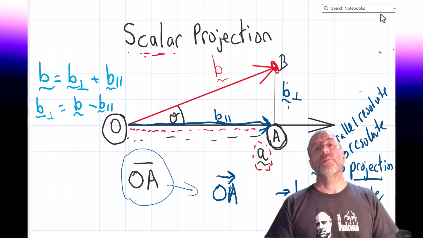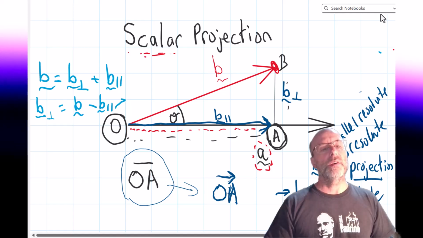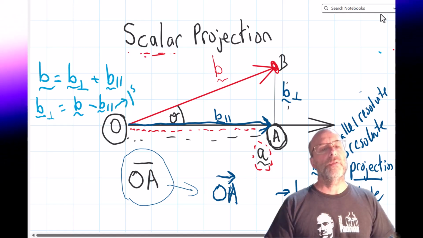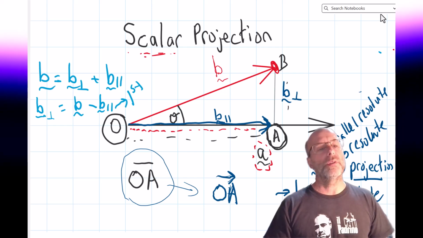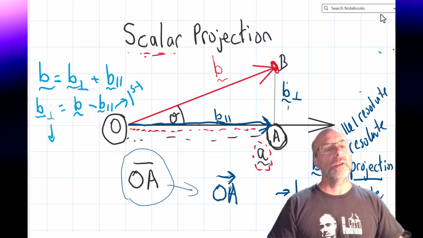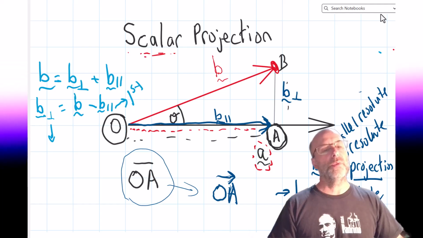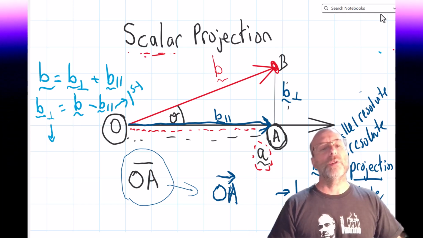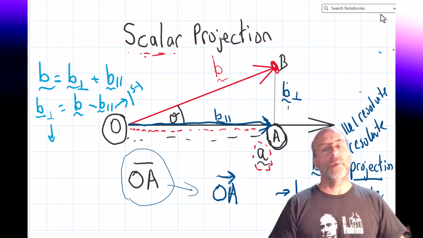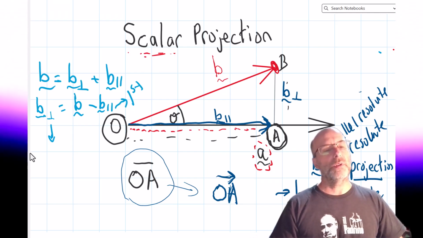The point of this is that we need to calculate this one first, the parallel resolute, and then from that we can calculate the perpendicular one, because we know B. Once we determine the parallel resolute we can determine the perpendicular resolute.